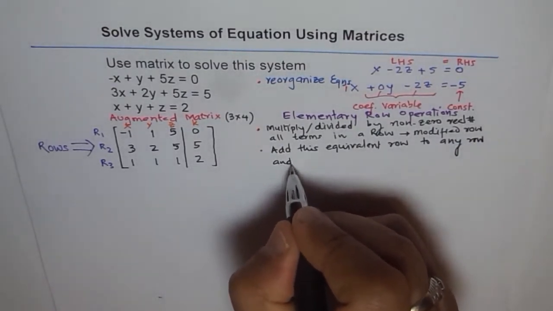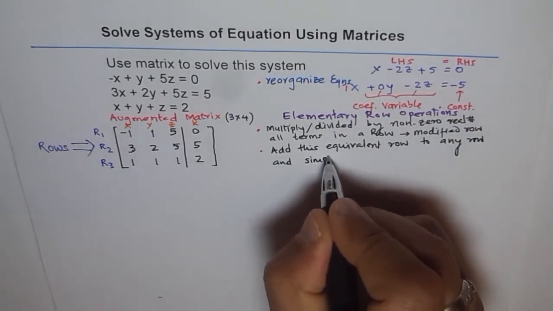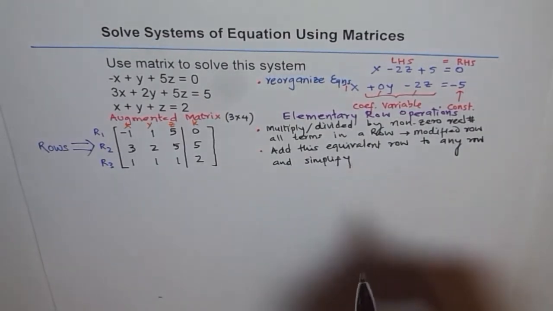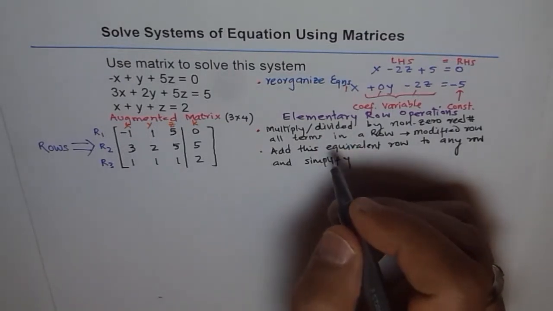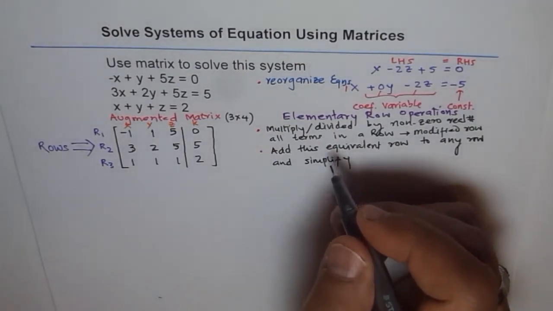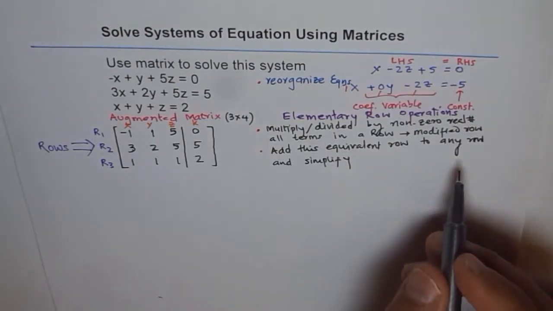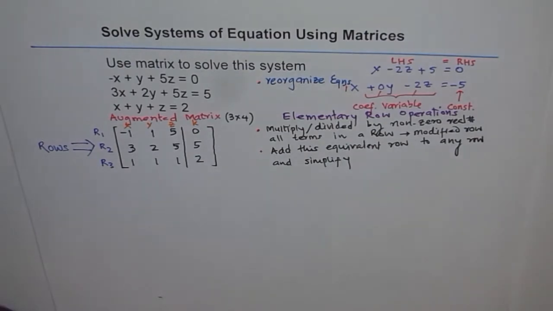And simplify. So I'll show you what I'm trying to say here, and that is where the strategy comes. So let me write down what my strategy is to solve the problem. Okay, so this is the operation which I can do. So the rows, add an equivalent row to any row and simplify, and I can say that simplify replaced row.